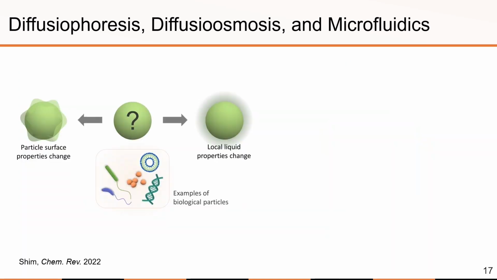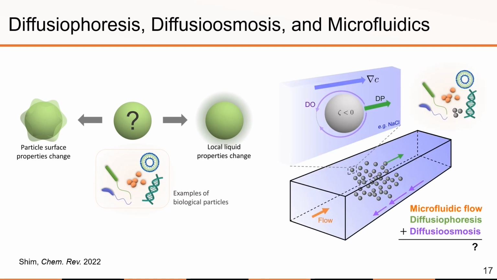Diffusiophoresis is motion of particles relative to the surrounding liquid, and it is induced by the generation of a surface flow. Scientists are actively investigating the phenomenon by focusing on various particle types and various flow configurations with both theoretical and experimental approaches.